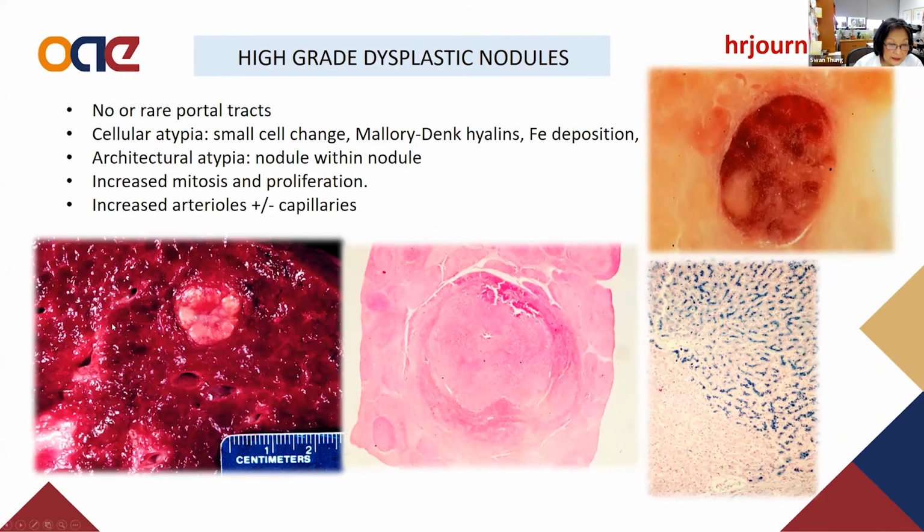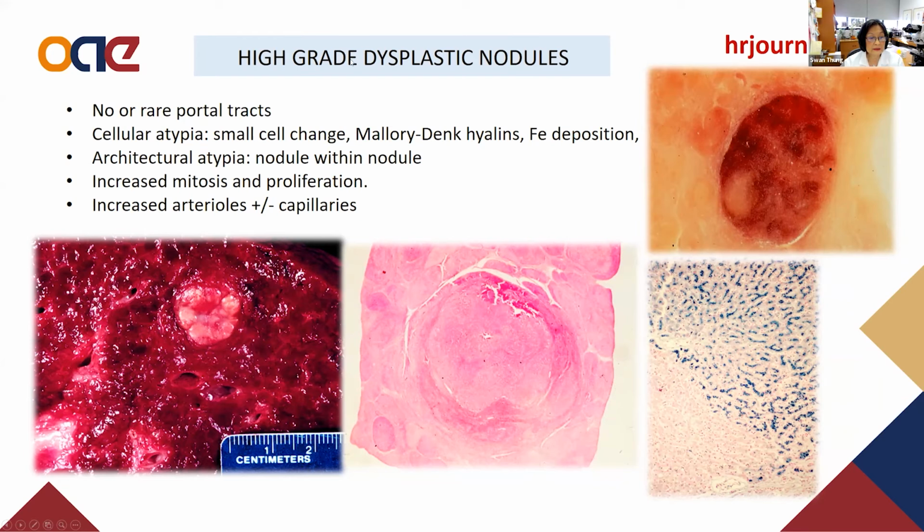Within it, you can see a nodule within nodule with different color, and this one, of course, had become hepatocellular carcinoma. Here on the whole mount, you can also see the nodule in this area. If the biopsy needle is in this area, it will not hit the HCC, so it should be deeper. If the biopsy specimen is obtained from the deeper part, then the diagnosis of HCC can be made.